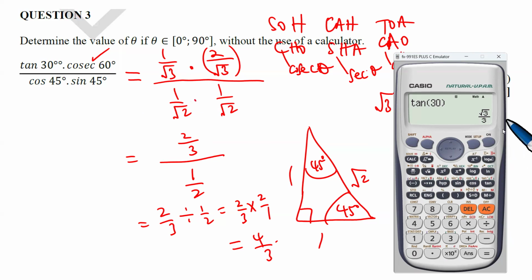The calculator has rationalized the denominator. Then we can do cosine 45 degrees on the calculator. We wrote 1 over the square root of 2, but it is the same as the square root of 2 over 2, because the calculator rationalized the denominator.